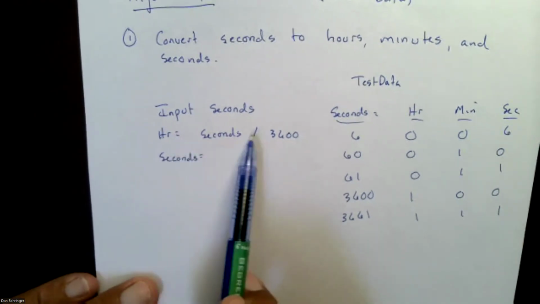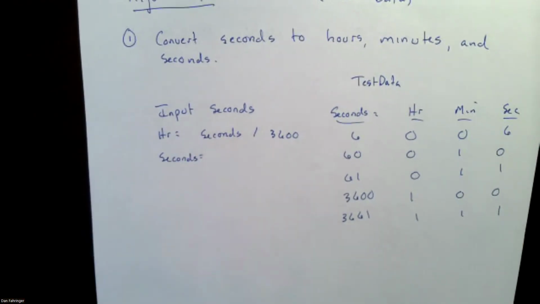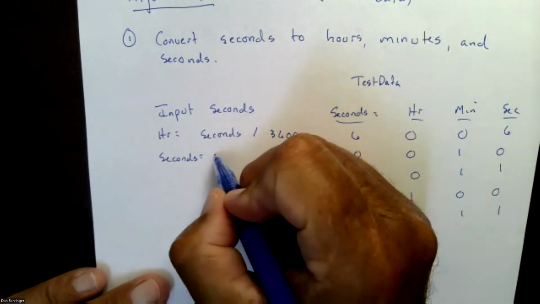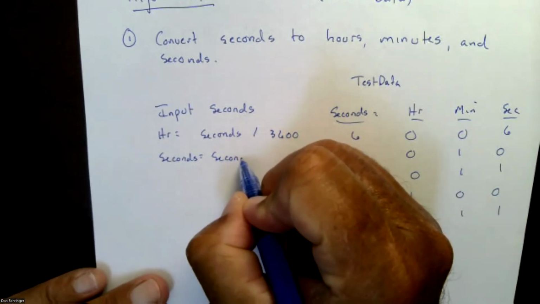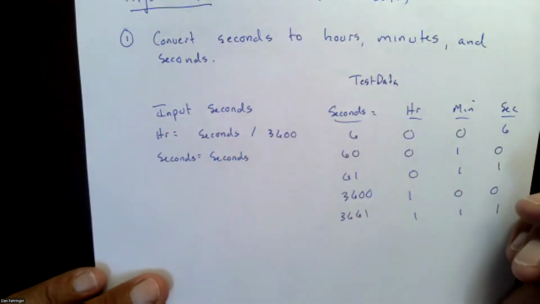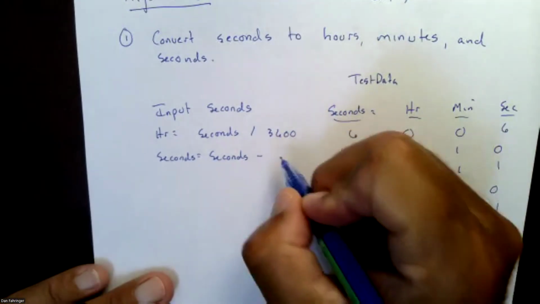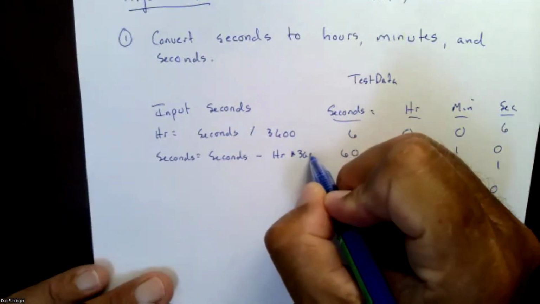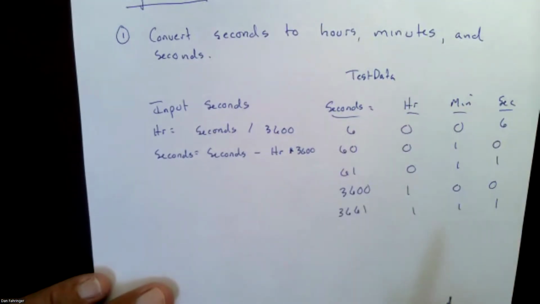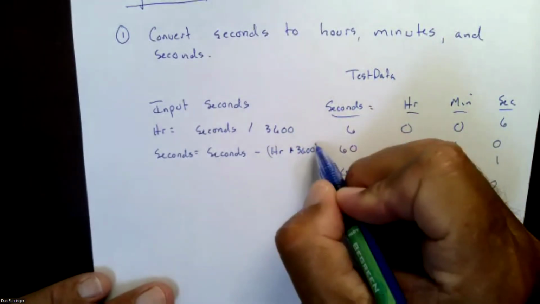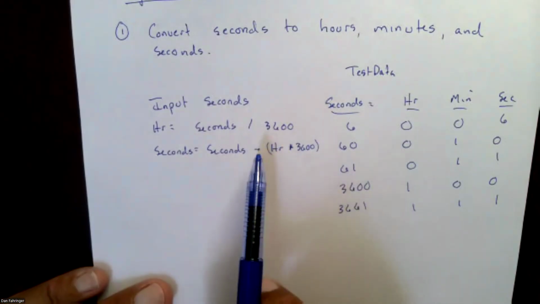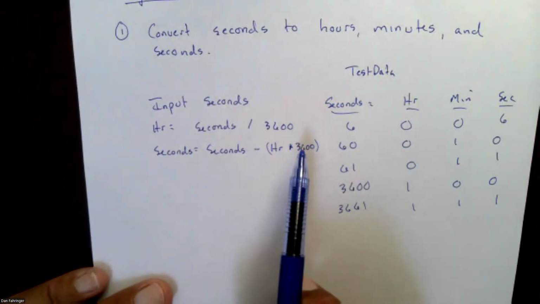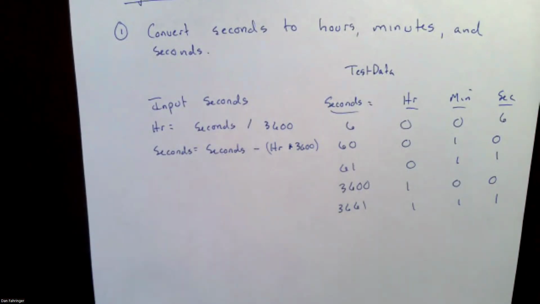So I'm going to take the number of seconds I have and subtract hours times 3,600. There's 1 hour, that's 3,600, and I subtract it from my number of seconds.